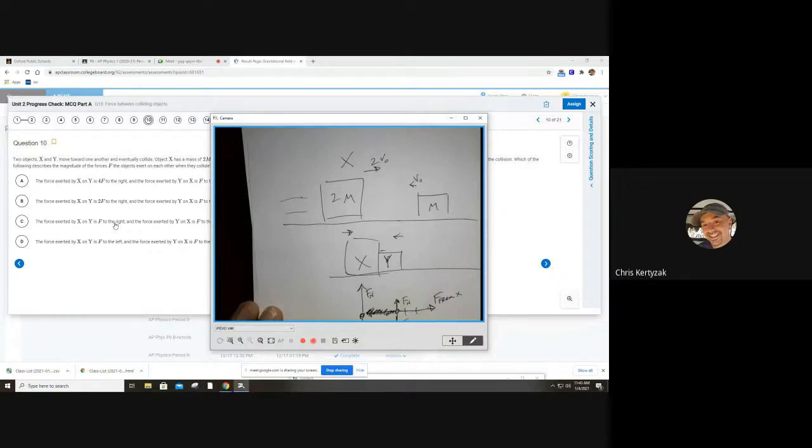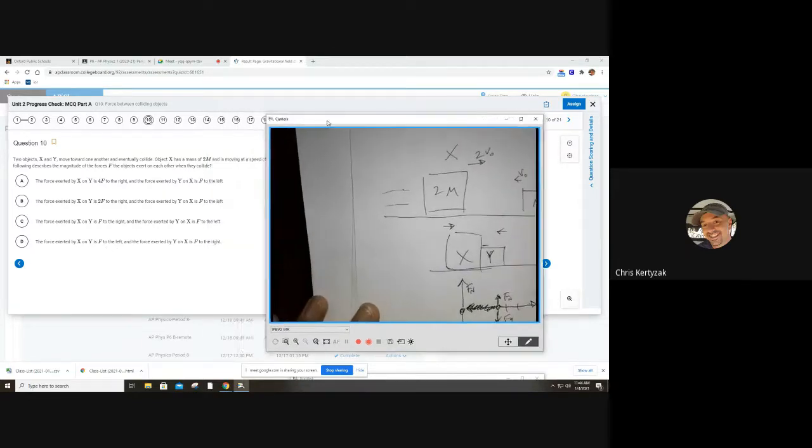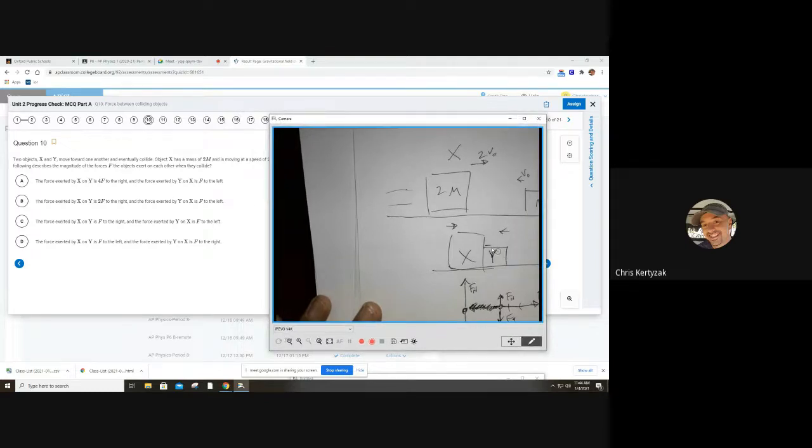To the right. That's correct. The force exerted by X onto Y is a rightward force, which means C has to be the correct one, because D looks similar, but it's claiming that Y feels a leftward force. No, he feels a rightward force, while the force exerted by Y onto X would be to the left.